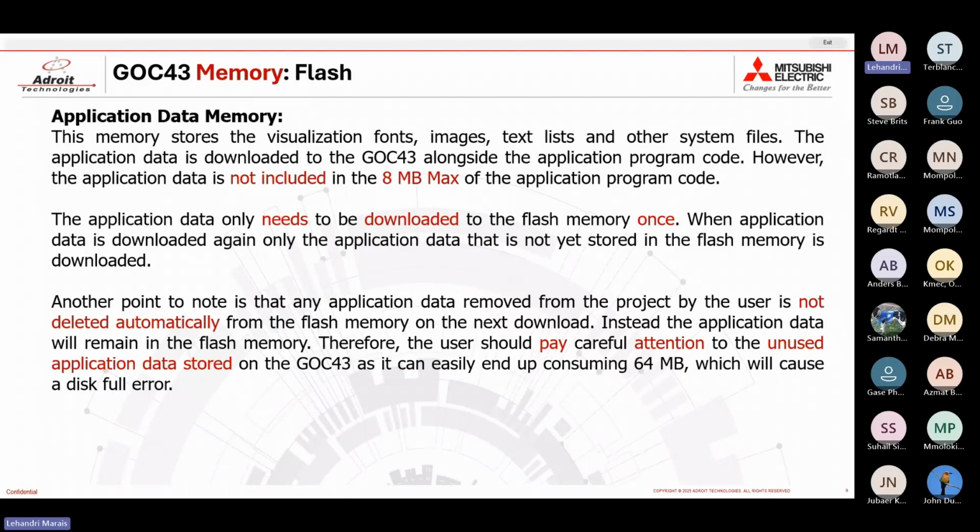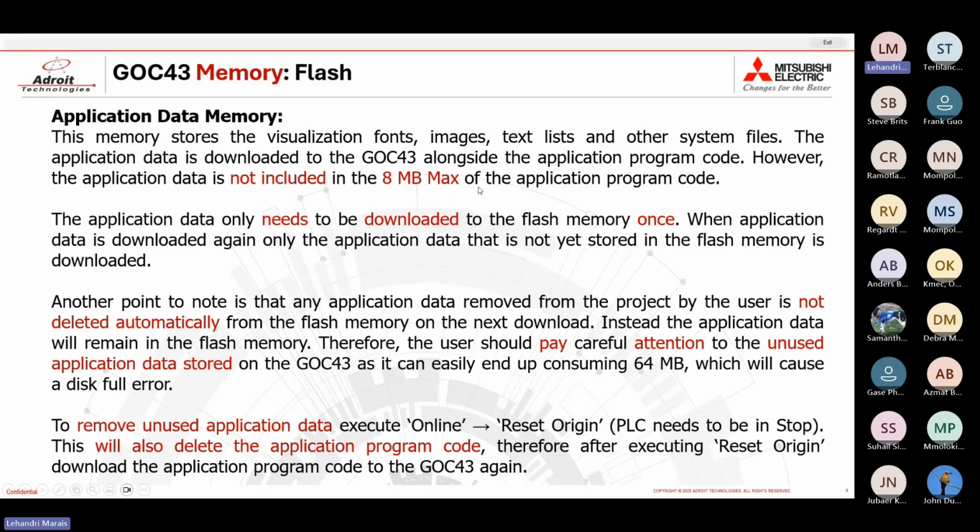So this can easily cause the 64 megabytes of flash memory to fill up and cause a disk full error. So the user needs to pay careful attention to remove the application data.